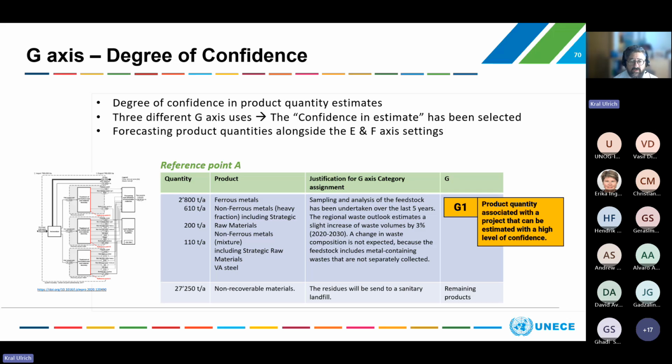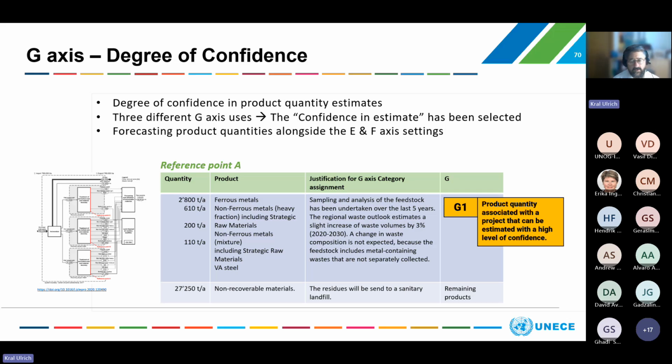A change in waste composition is not expected because the feedstock includes metal-containing wastes that are not separately collected, for instance. And the same here. So you also have to provide evidence for this, or if there are any sampling protocols available that give evidence for these statements, for these justifications, then please also provide them and attach them to the application.